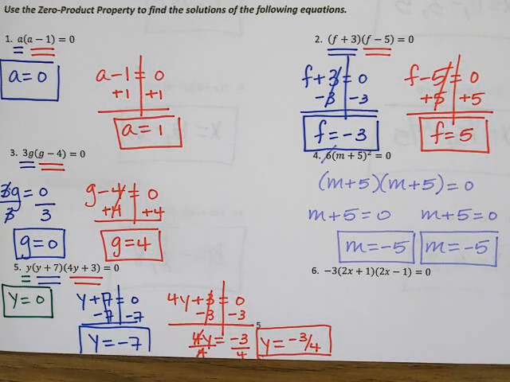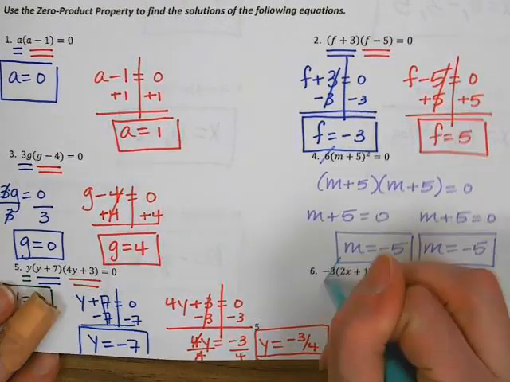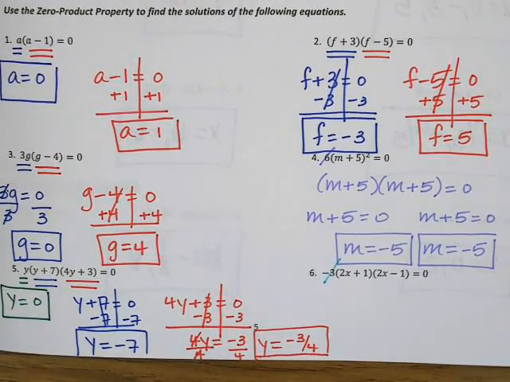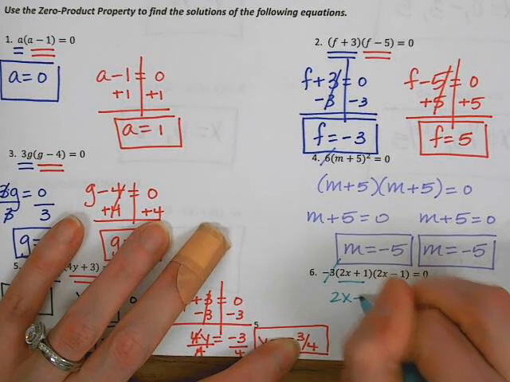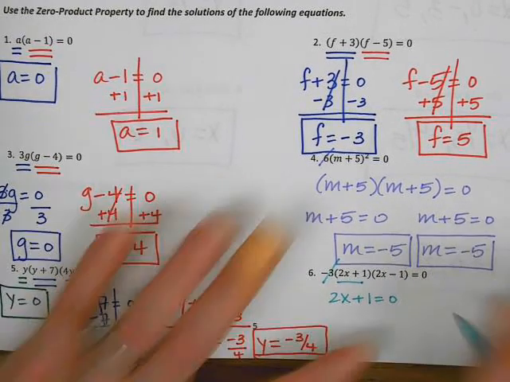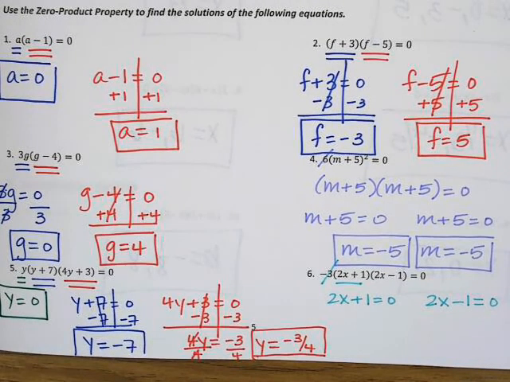Okay, last one, guys. Number 6. The negative 3 does not have an x, so we just pretend it's not there. It's not going to affect our answers. But what we do have to do is set 2x plus 1 equal to 0 and 2x minus 1 equal to 0. And we're going to solve those guys.